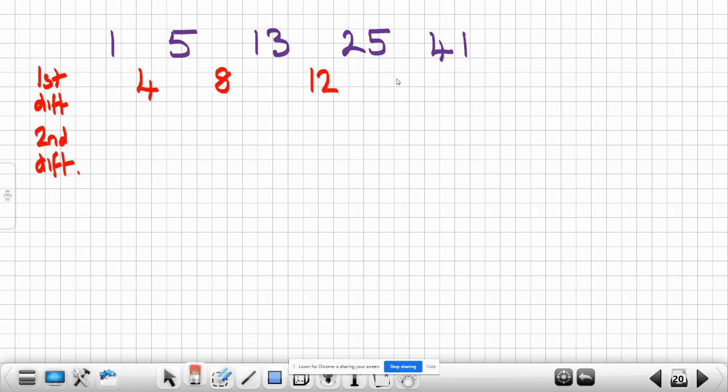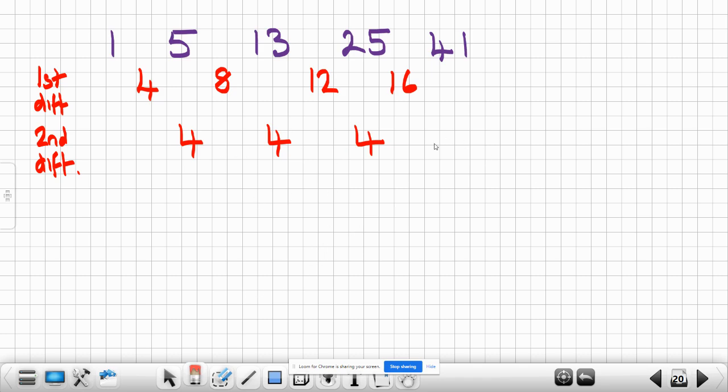And 25 to 41 is a difference of 16. And now we go to the second difference. Between 4 and 8 is 4. 8 and 12 is 4, 12 and 16 is 4. So that's showing us that this is a quadratic sequence because we've got a constant at the second difference.